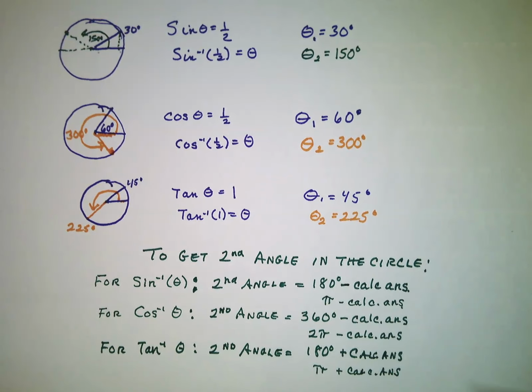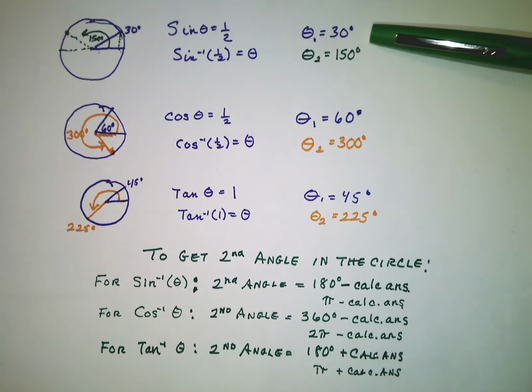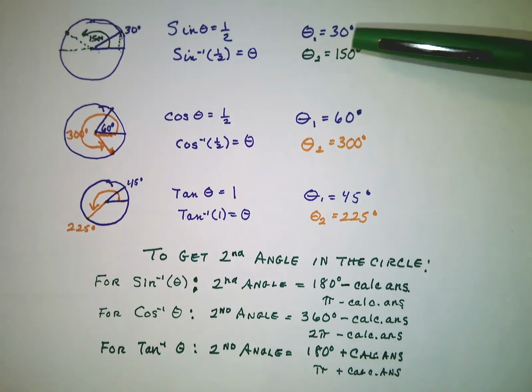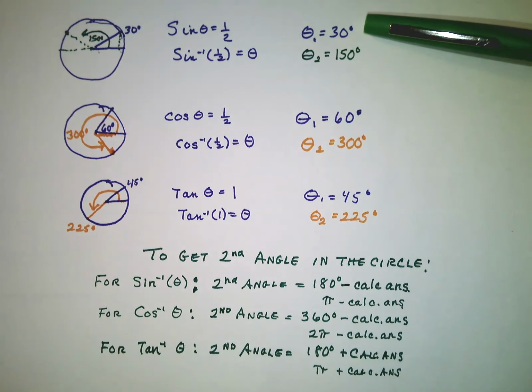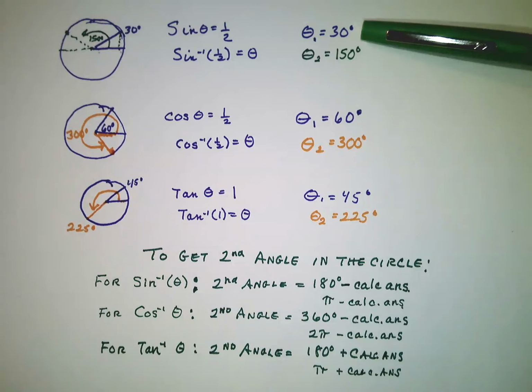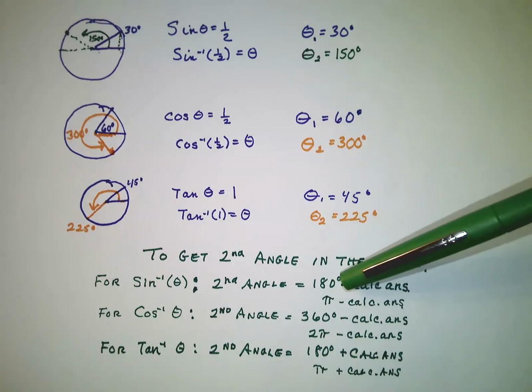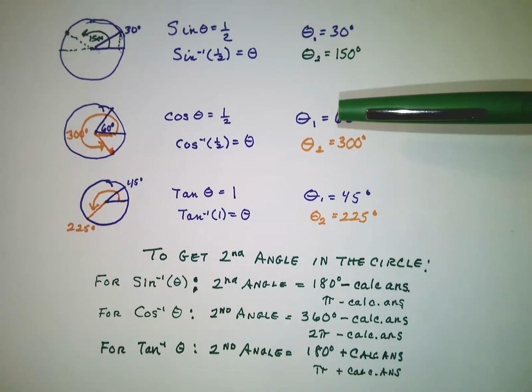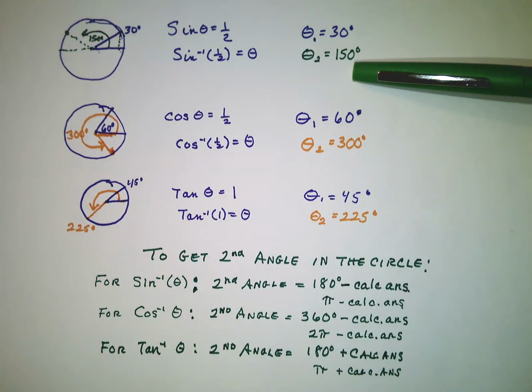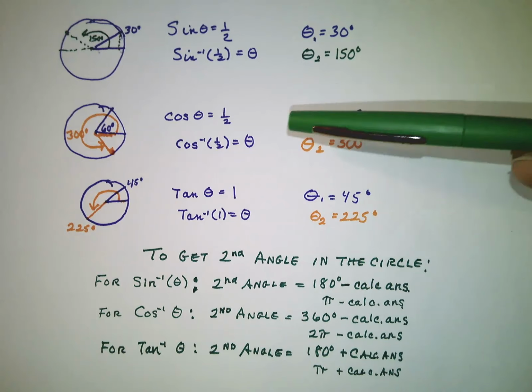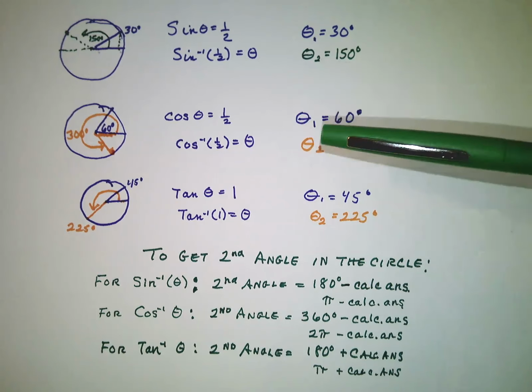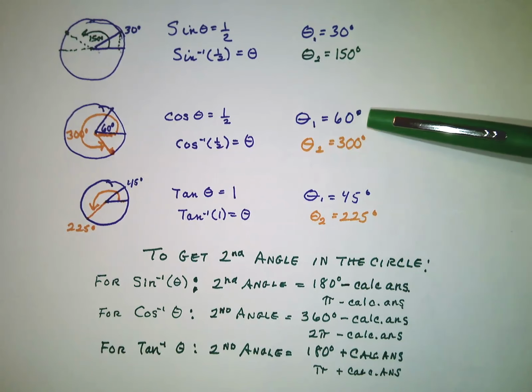So we can see if these worked. For our first one, we were doing inverse sine. The first answer right off the bat is 30 degrees, has a sine value of 1/2. We can get the second angle by taking 180 minus the first answer to give us the 150. Inverse cosine of 1/2, we said was 60.